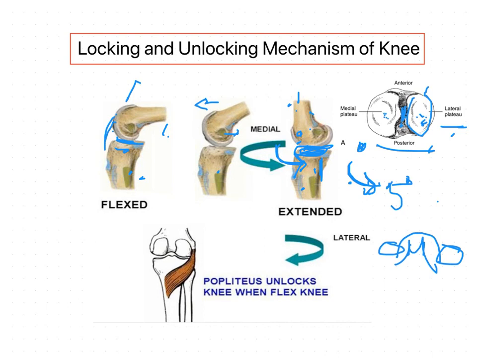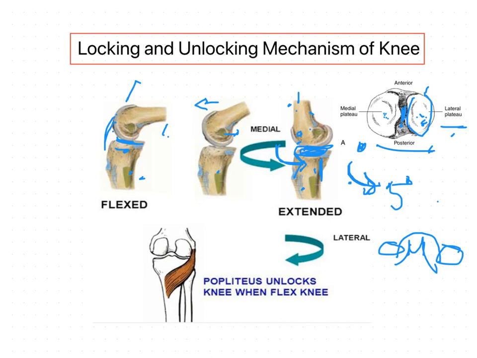What happens during locking? From flexion to 30 degrees of extension, the lateral condyle as well as the medial condyle will roll and glide anteriorly.